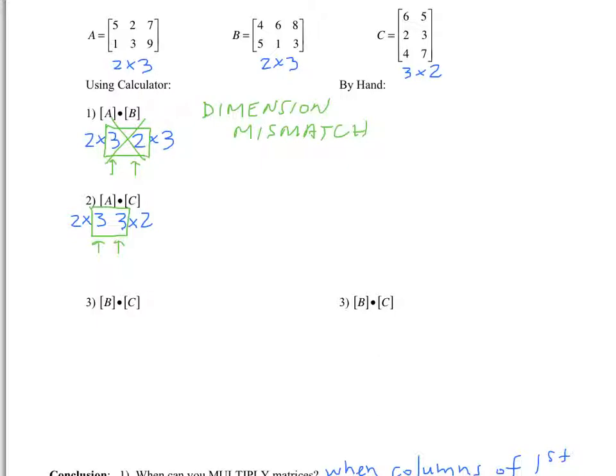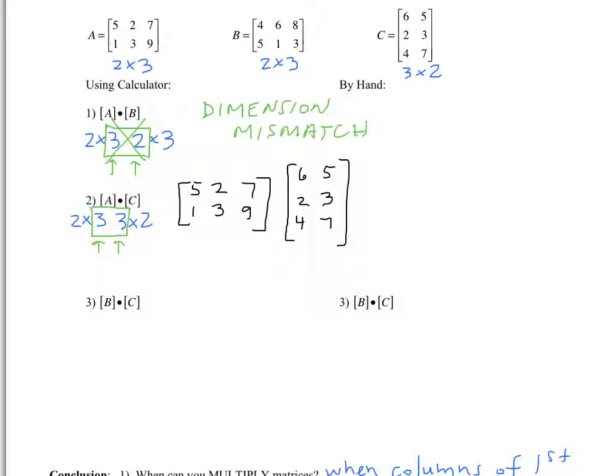So let's see how we do this. Okay, so let's rewrite our two matrices. So we want matrix A, 5, 2, 7, 1, 3, 9, and matrix C, 6, 5, 2, 3, 4, 7.